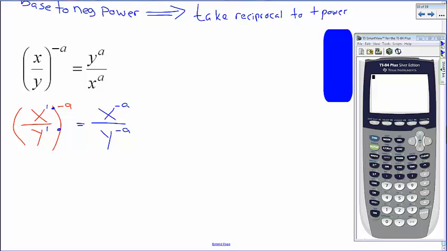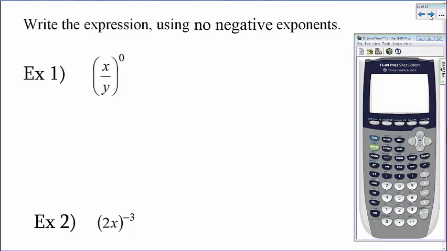Now both of these, we know from our last rule, will change positions from the numerator to the denominator or the denominator to the numerator. Once again, once we switch the position, the exponent goes from negative to positive. So y to the negative a goes to the numerator and becomes y to the positive a. X to the negative a goes to the denominator and becomes x to the positive a.